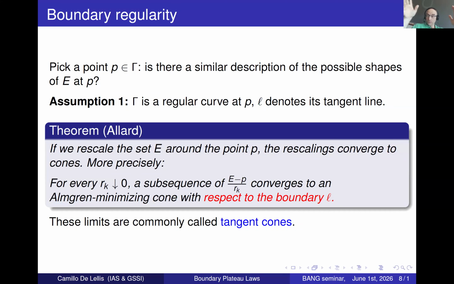And now it's a cone with respect to a boundary, which is your straight line L, which was the tangent to your gamma at the point P. Now, these limits are commonly called tangent cones.